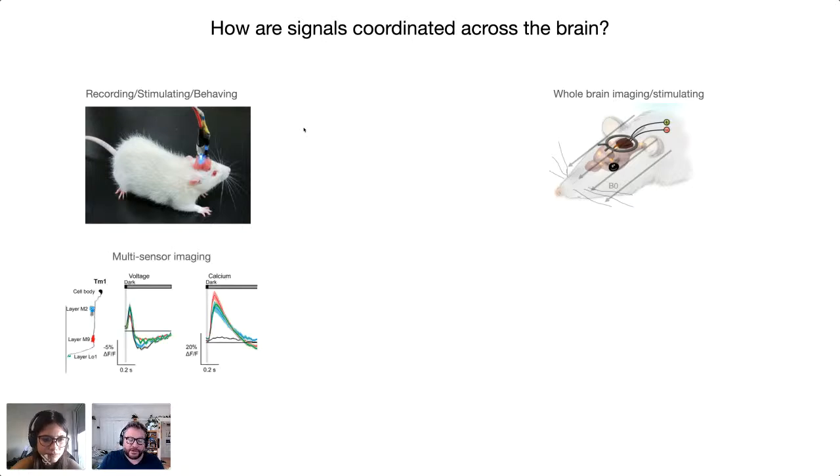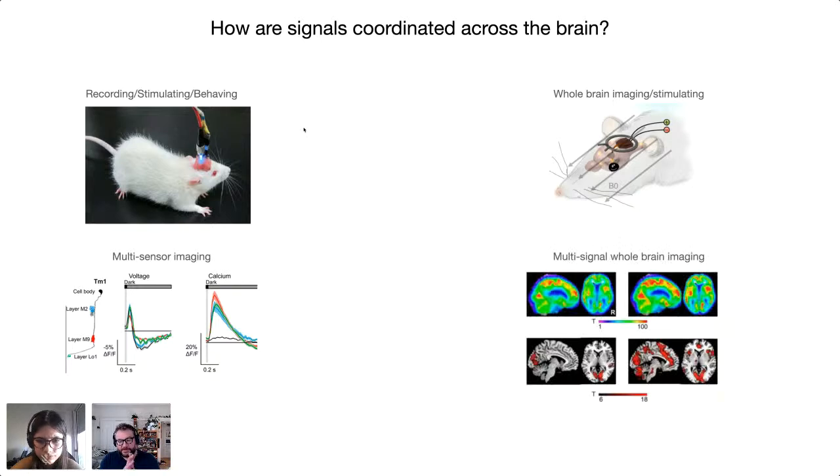You can also use multiple different sensors. This is actually from a fruit fly from Tom's lab, where a former graduate student compared, in this case, voltage and calcium, which are two essentially neural activity proxies. And of course, the goal here is to do multi-signal whole brain analysis.